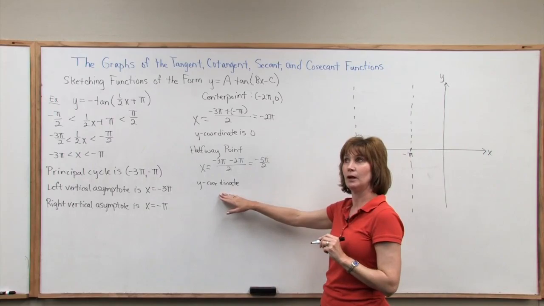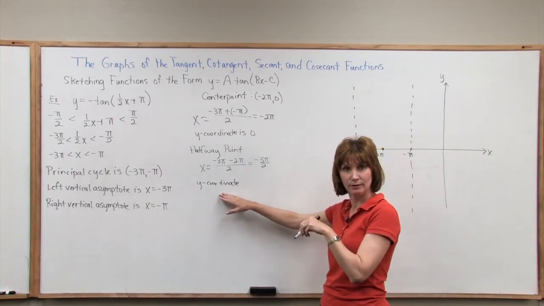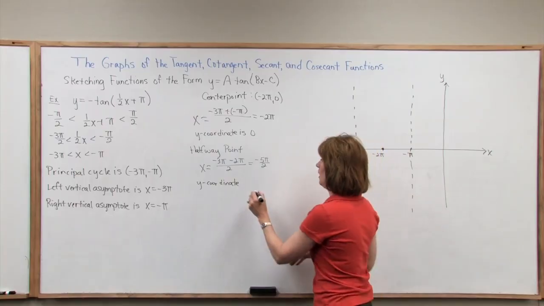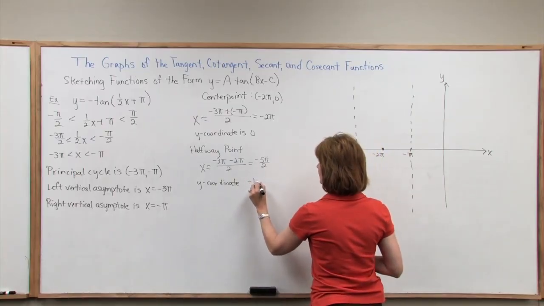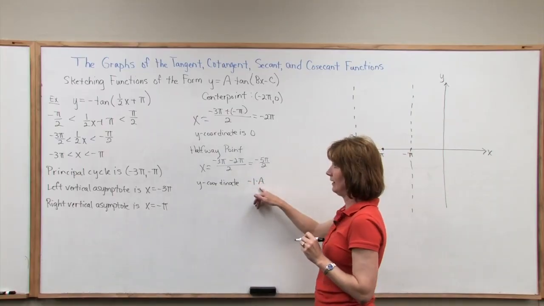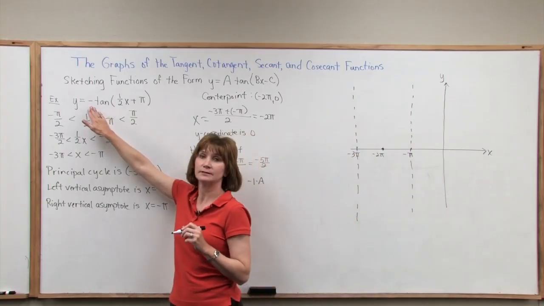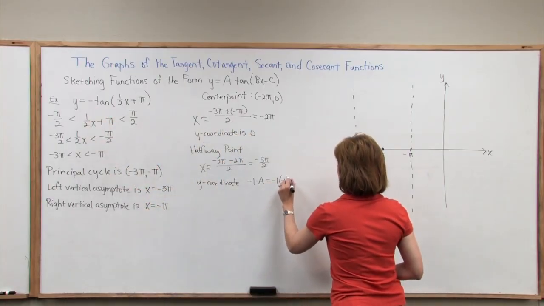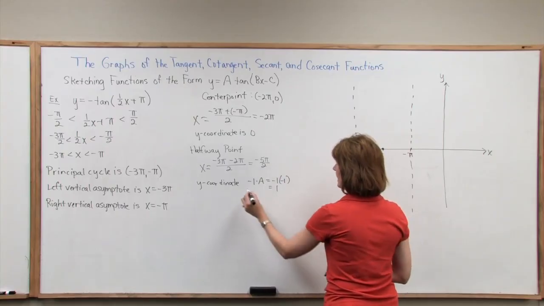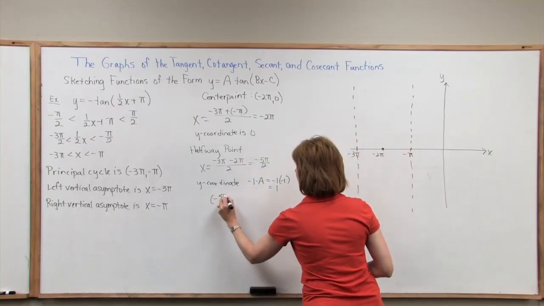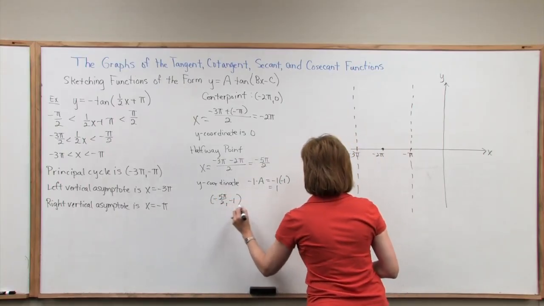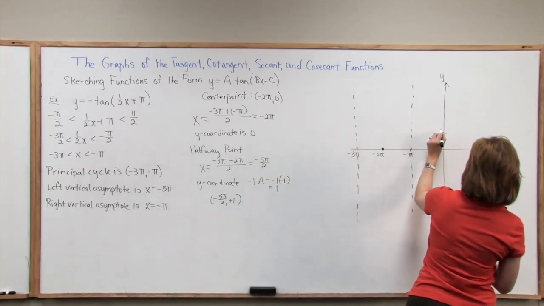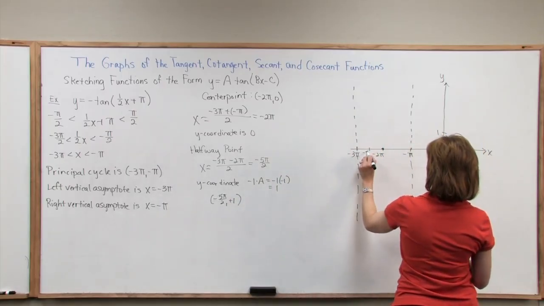Remember, on y equal tan x, the y-coordinate to the left of the center point is negative 1. So we take that negative 1 value and multiply it by our a. Notice in this case, our a is negative 1. So we have a negative 1 times a negative 1, which of course is 1. So this halfway point is negative 5 pi over 2, comma, positive 1. So let's show that.